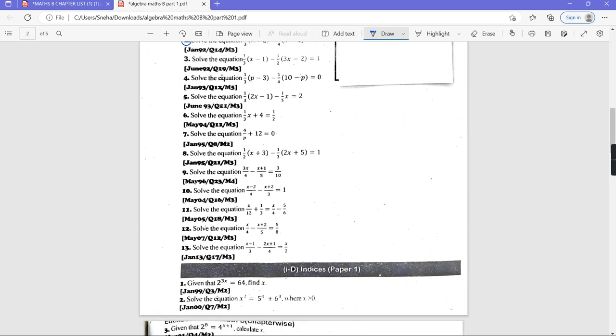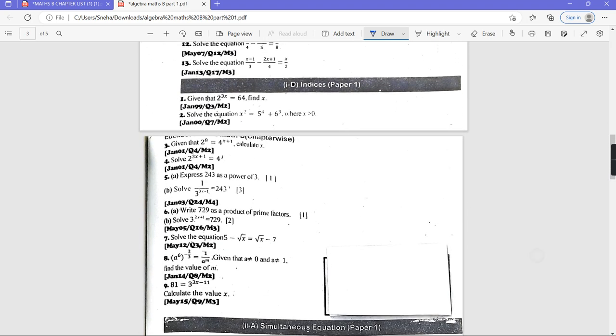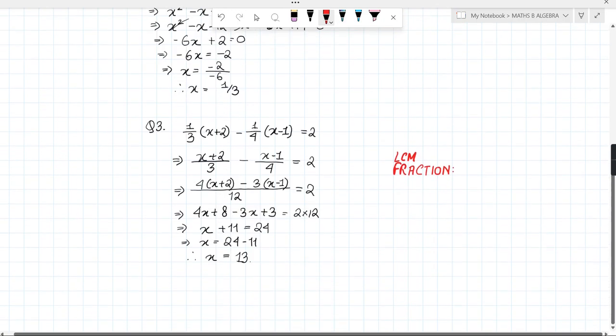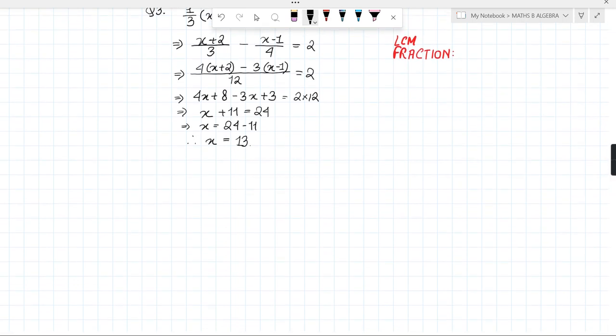So we are done with linear equations, and now we are going to move on to indices. Indices are basically maths that involve powers. For example, if we solve question number 1, it says that given that 2 power 3x is equal to 64, you need to find the value for x. Right, so this is going to be our second concept for the video. Indices.